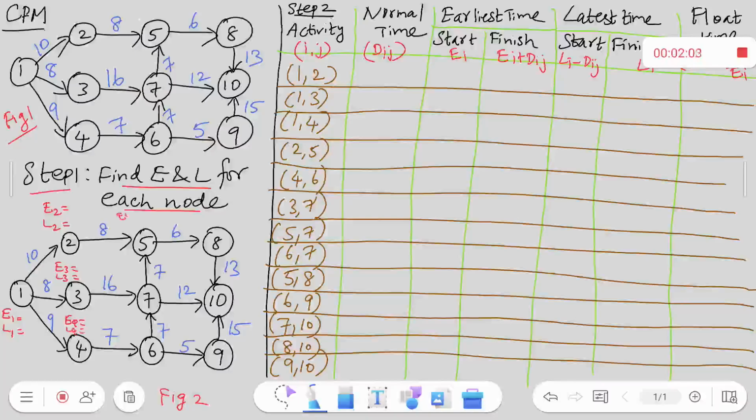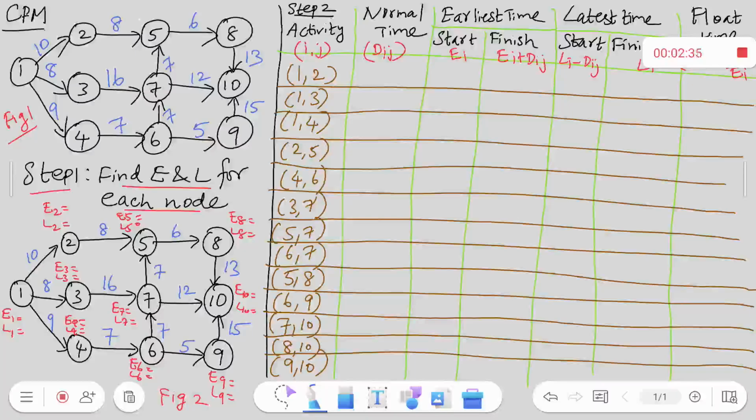Similarly, E5, L5. Here it is E7, L7. Then here it is E6, L6. Next is E8, L8. Similarly, for the last node, it is E10, L10. For this node, it is E9, L9. So, I am finding out the earliest start time and latest finish time.